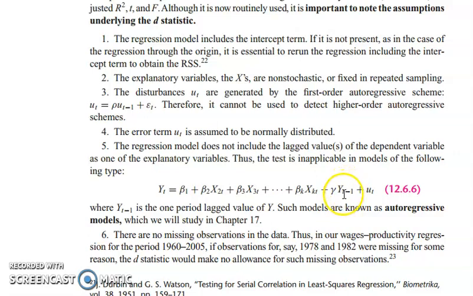This is the lag of the dependent variable, and it becomes one of the independent variables. So this is an autoregressive model, and you cannot use the Durbin-Watson test for this kind of model. And the last one is that there is no missing observation in the data.